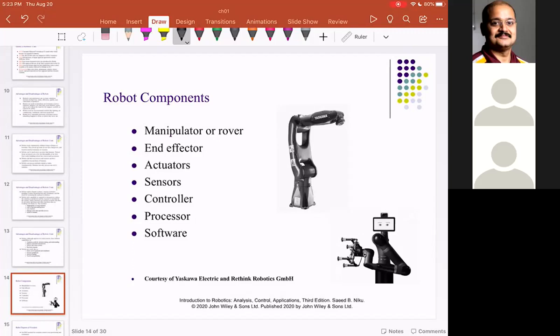Actuators could be motors, maybe DC motors or stepper motors. They could be hydraulic actuators, hydraulic cylinders, pneumatic cylinders, and so on. Then there will be sensors, such as accelerometers, gyros, vision sensors, proximity switches, and so on. You could have a controller.